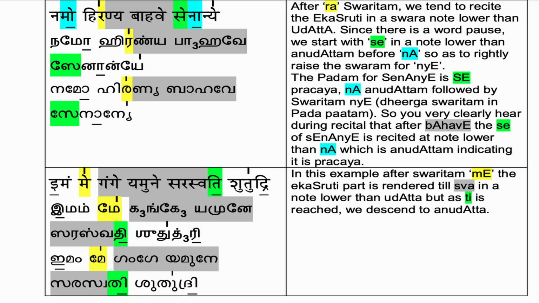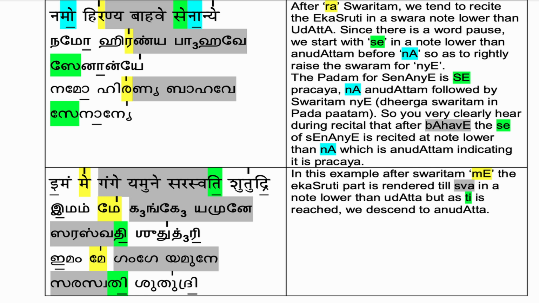It may be slightly lower, but in some schools they render it the same as Udatta, which technically is not so correct because you don't distinguish between the concept of an Udatam before a Swaritam or unmarked letters after a Swaritam, which we'll see shortly.